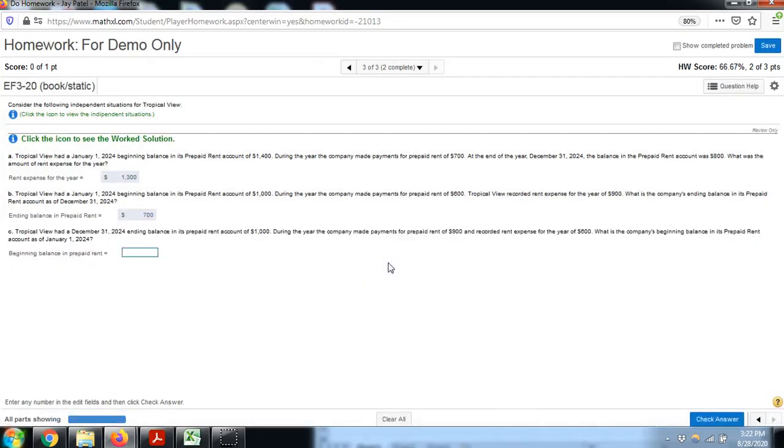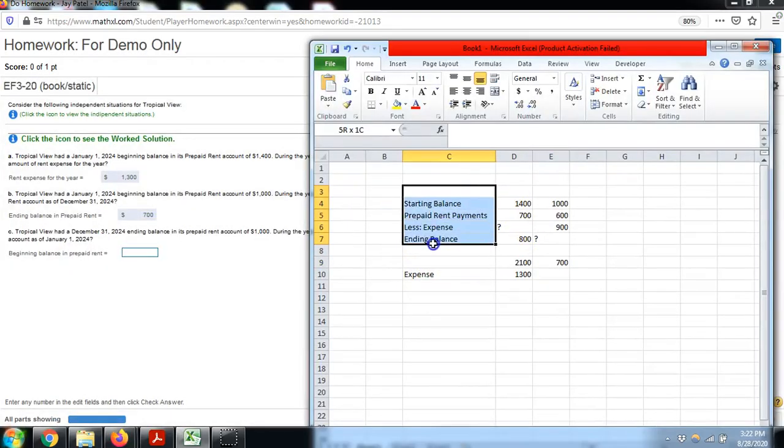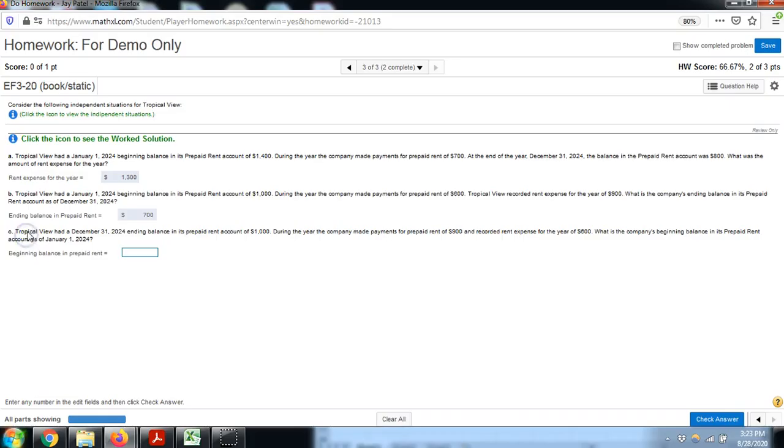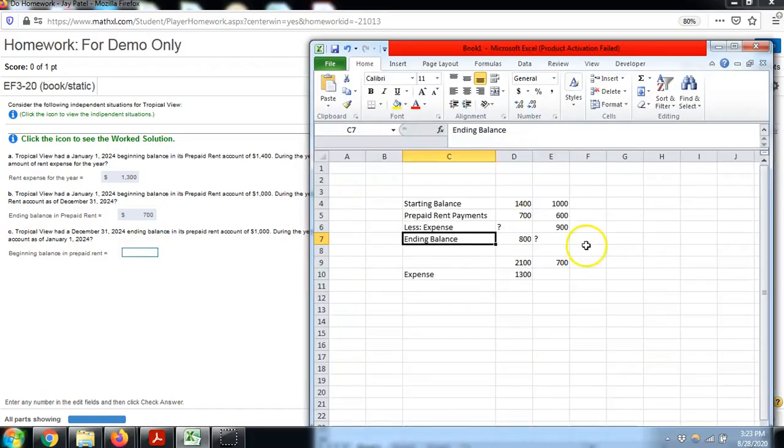Okay. So if you notice, we're just taking this basic set of relationships, starting balance plus the additions less the expense equals ending balance, and we're just solving for different parts of it. So Tropical View had ending balance in his prepaid account of 1,000. So ending balance is 1,000. So this is scenario A, B. So now we're doing C. So our ending balance is 1,000.